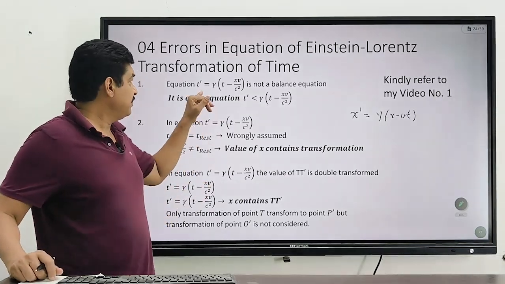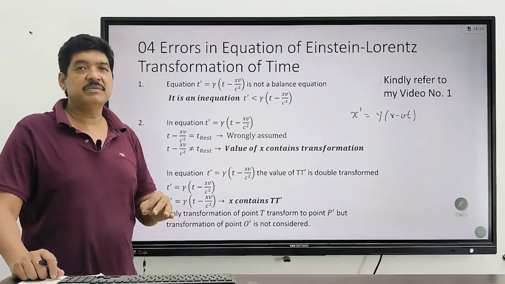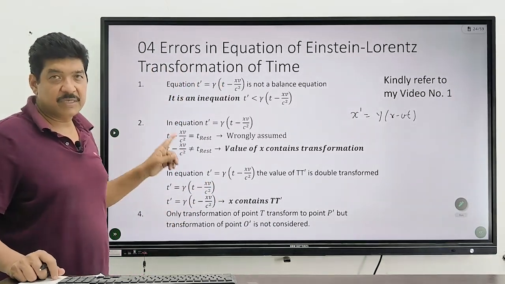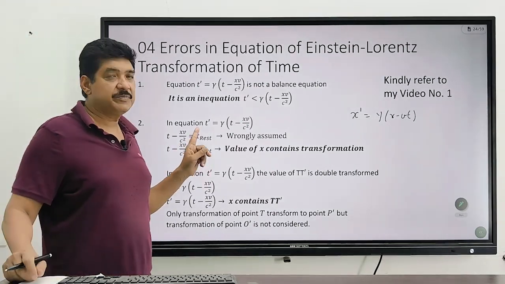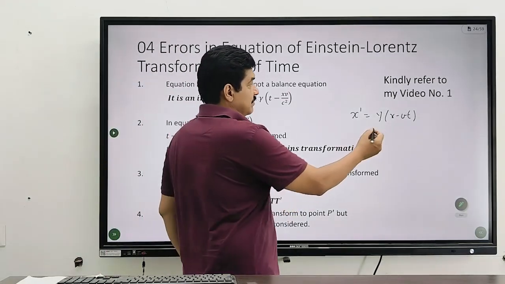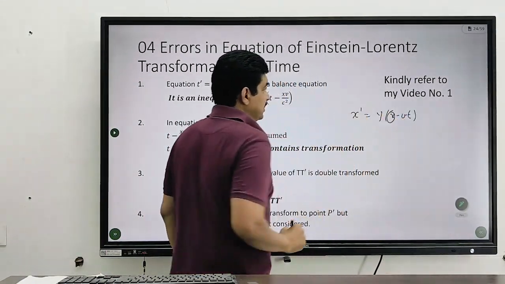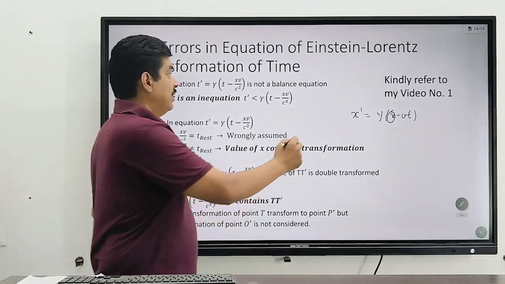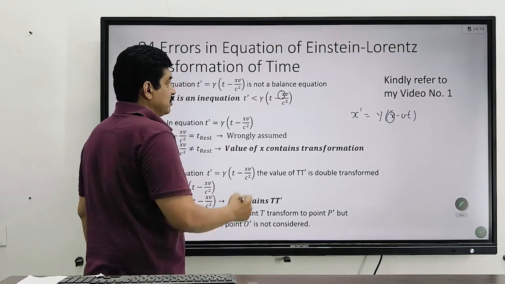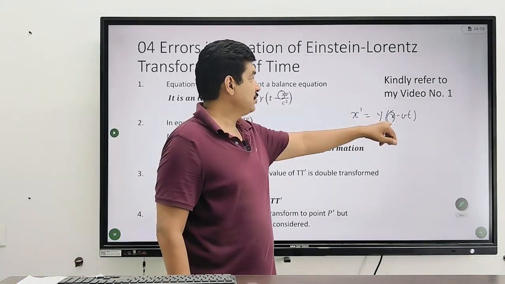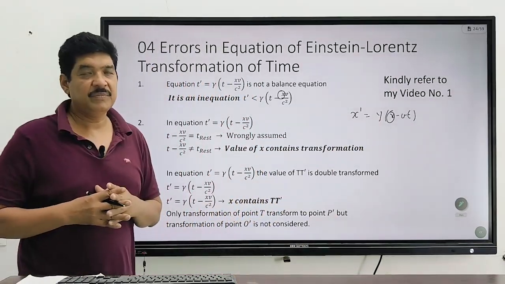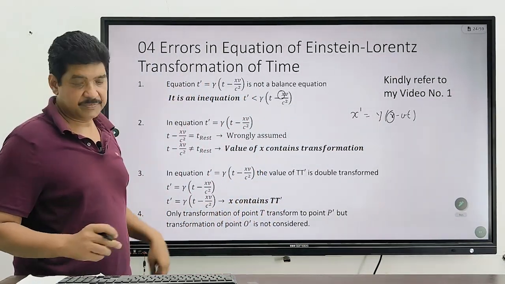I am not going to explain it now, because this x is the position in the position equation, and this x is also here, so these equations will suffer the same issues, that is, errors.